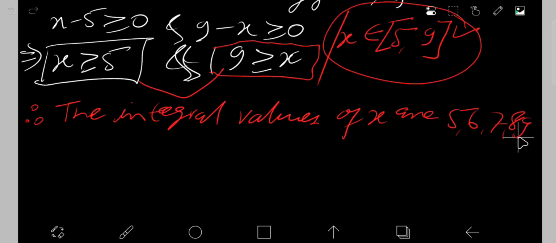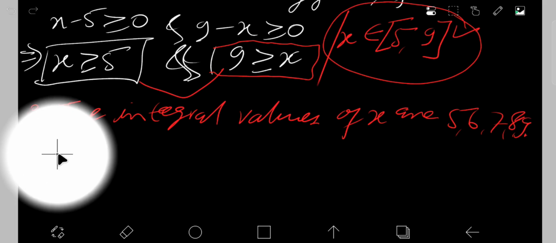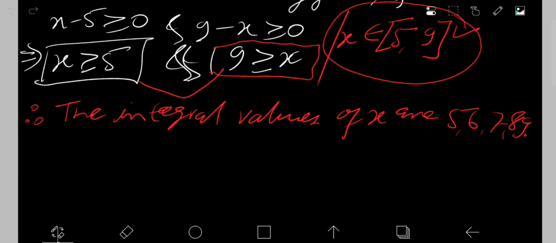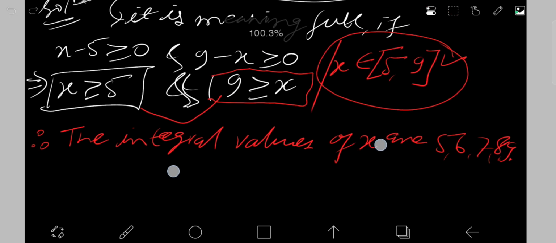These are the values it can attain. Now we check which values of x satisfy the given inequality, one by one.